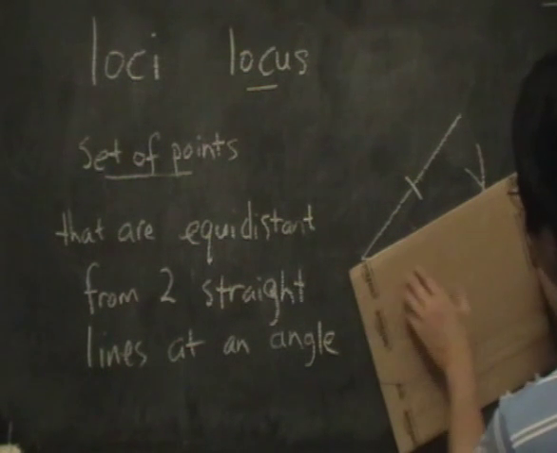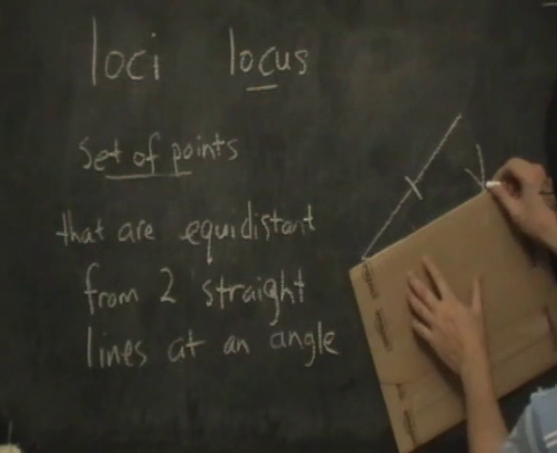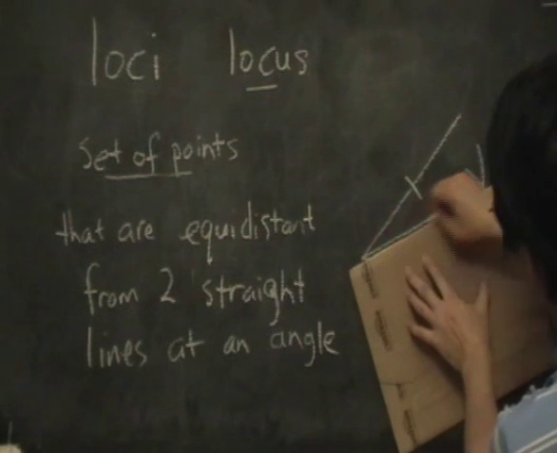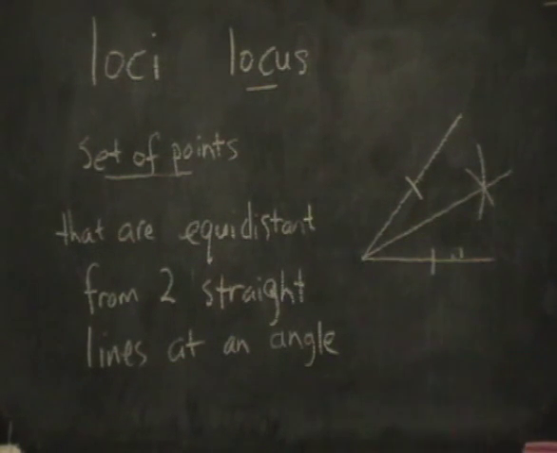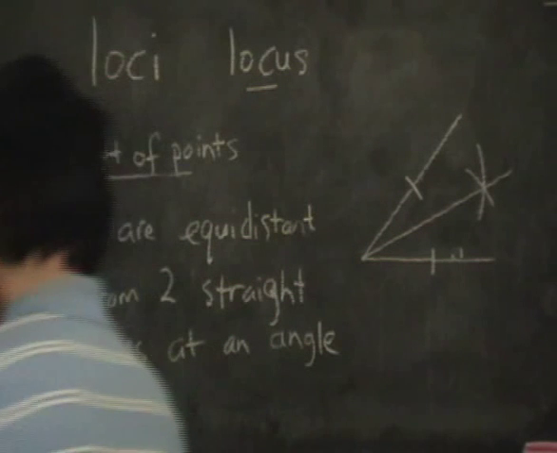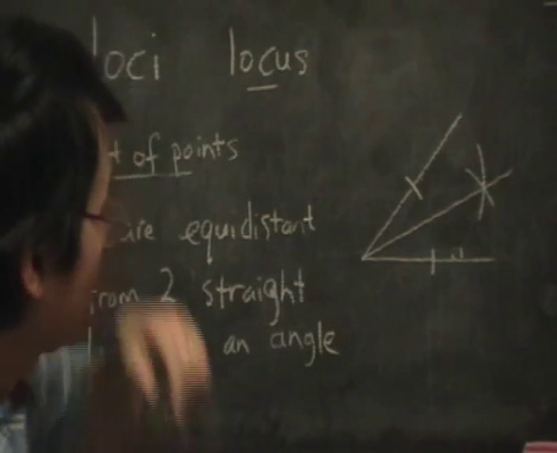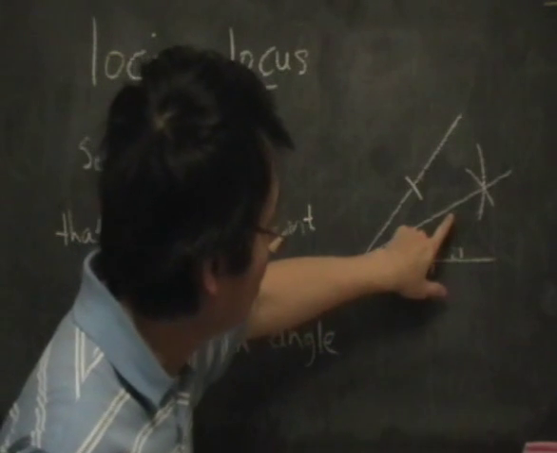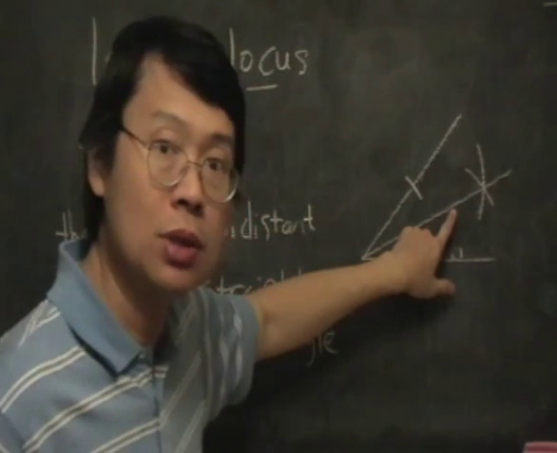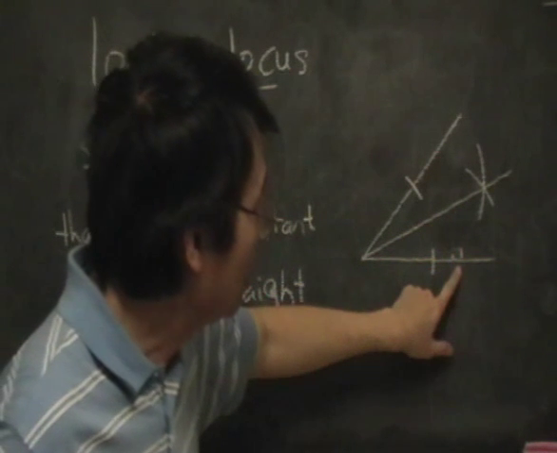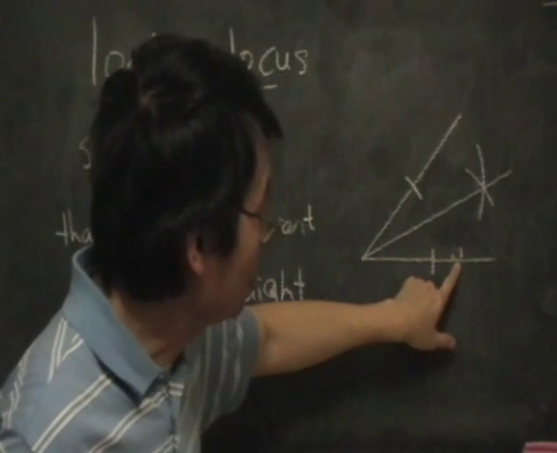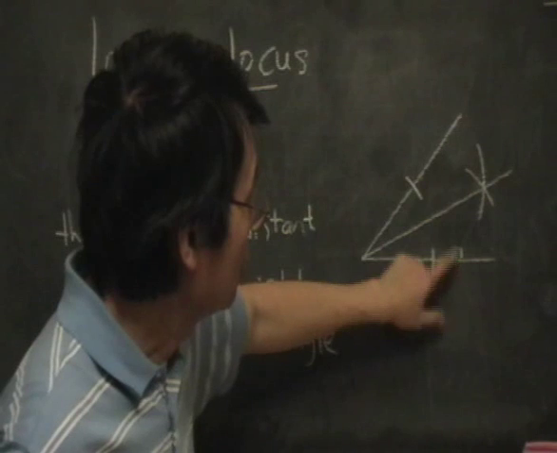Here's what we do from corner to this point. There. So that's our angular bisector, and you can roughly see that each point on this line will be at the same distance from these two lines.